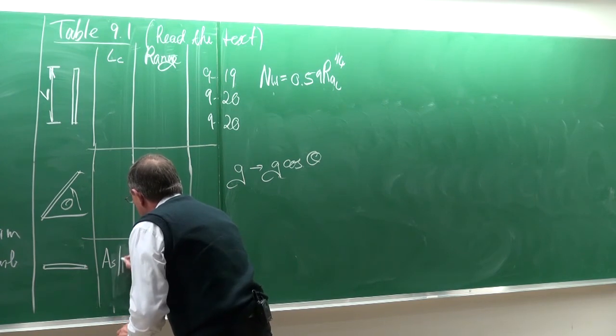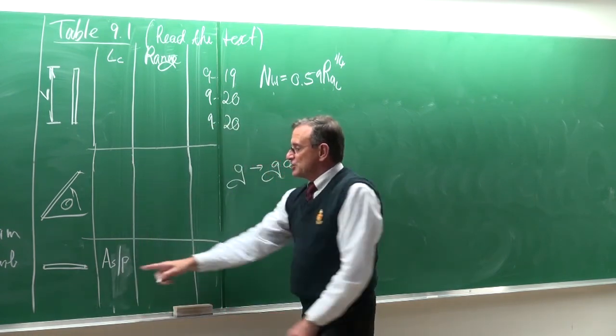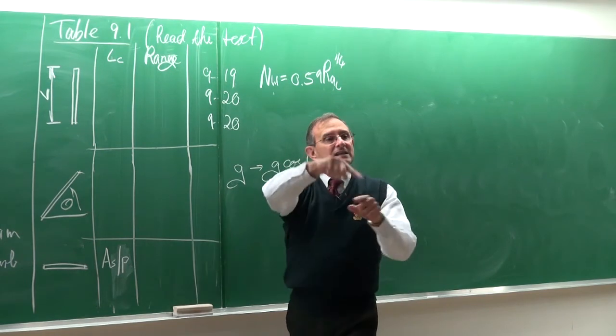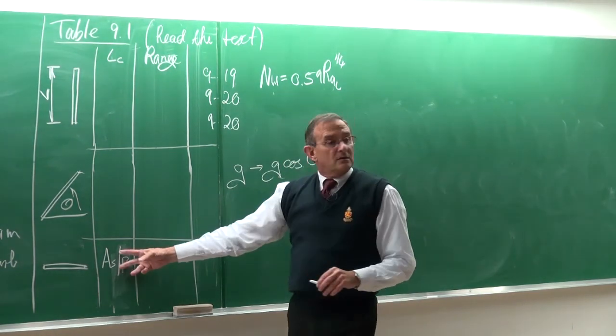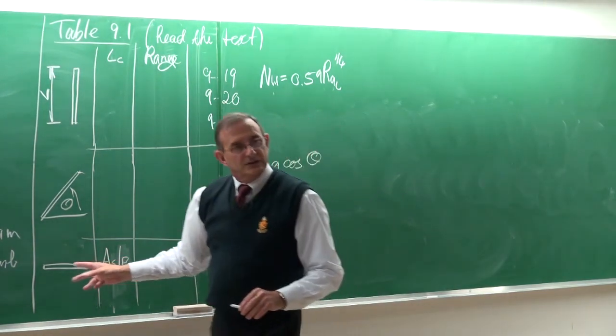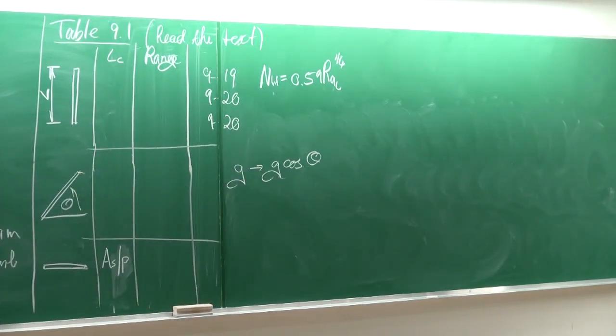As divided by P. So As is the surface of the plate and P is the perimeter. You see, they explicitly tell you how to do it. But that's not enough. You still need to go and read the text together with it.